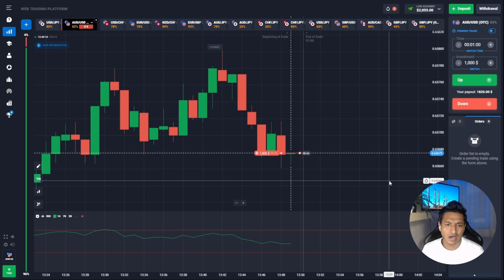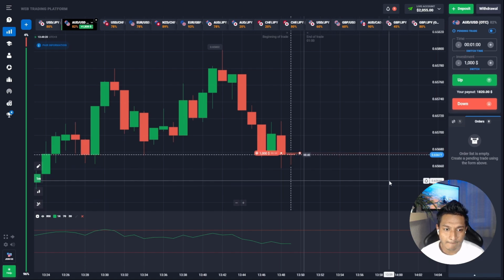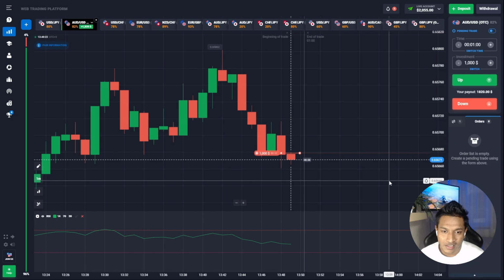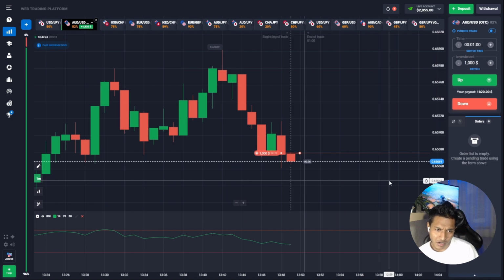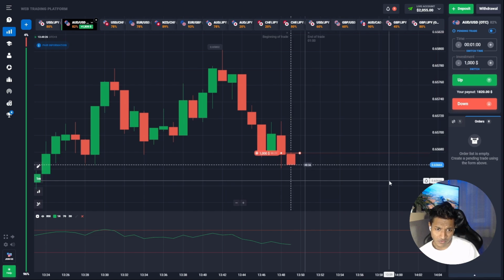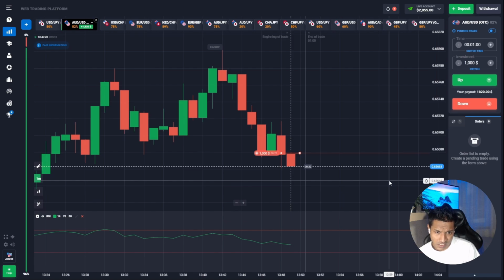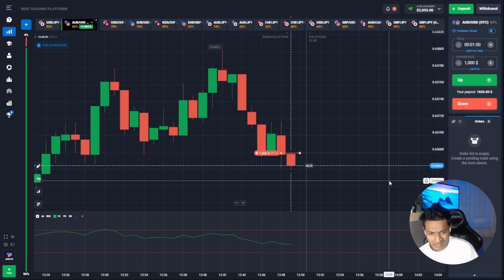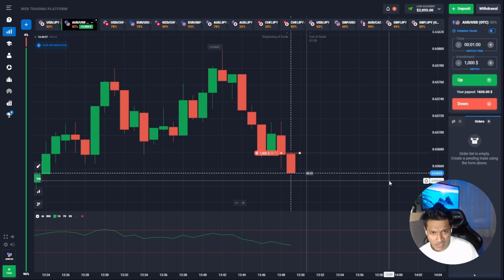Let me analyze the RSI indicator a little bit, guys, because I got shocked a little bit right now. So far so good. According to the RSI indicator, it's moving into the oversold zone, like it's climbing down. So by the way, I can make this profit, guys.